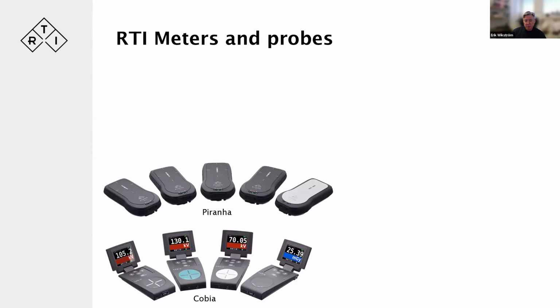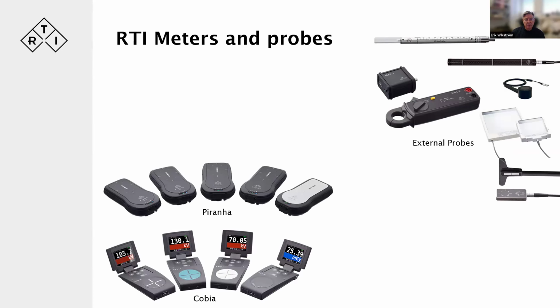The Cobia is a range with different applications. Piranha is an old workhorse that we've had for a long time, where we have different types for different applications, ranging from the white one there, which is dental, to mammography, CT, multi, and RF. So depending on where the application lies, we have a configuration for that.